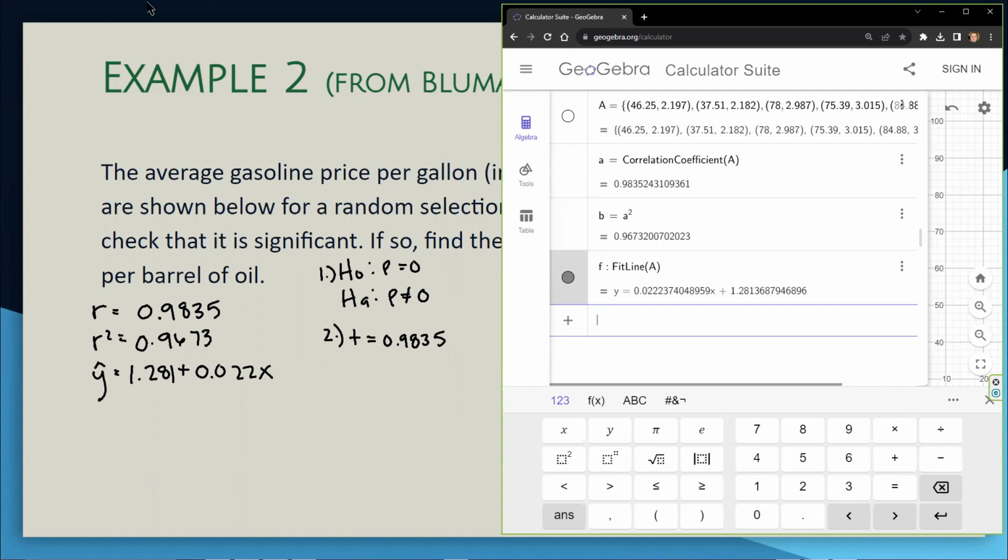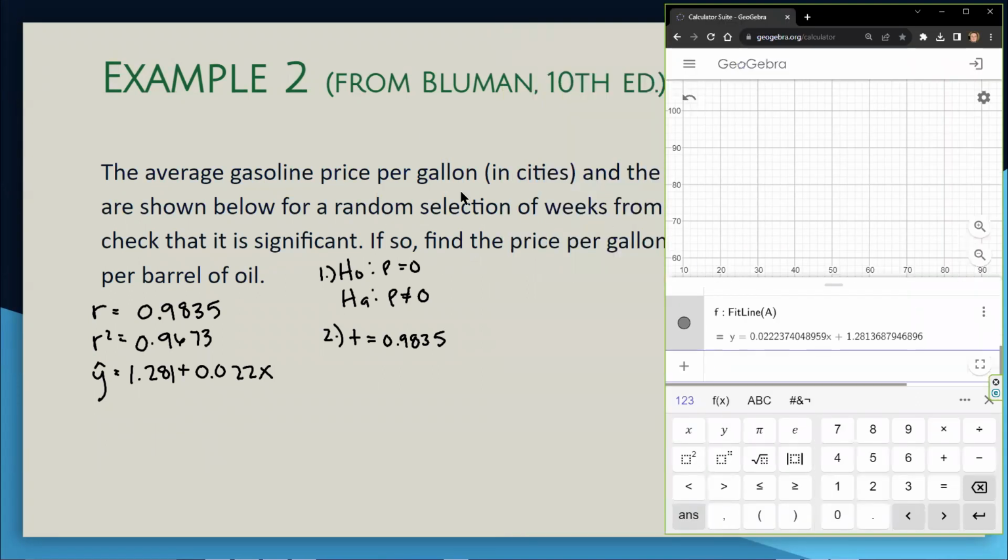0.9835. And let me squish down our GeoGebra screen so we have room to write here. And then the square root of n minus 2 over 1 minus r squared.